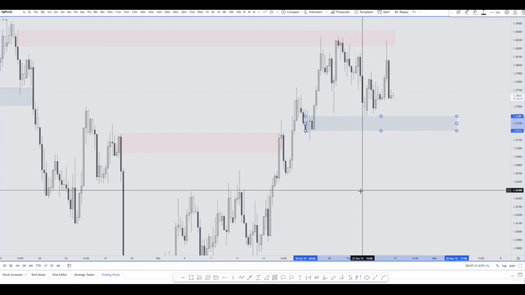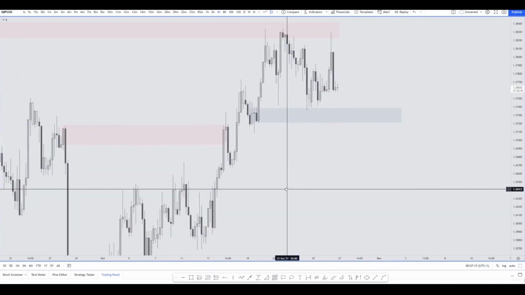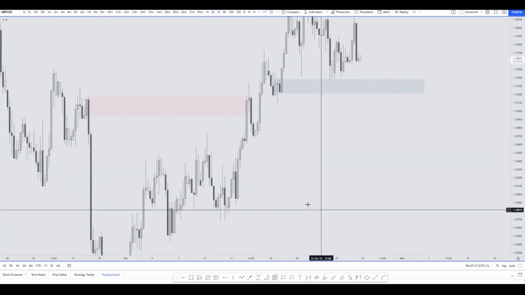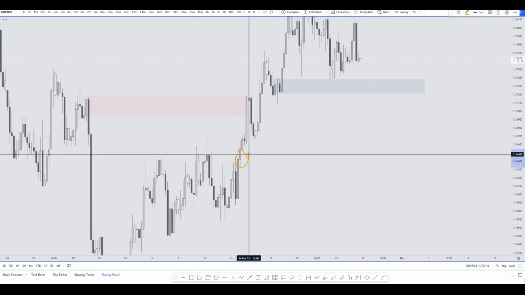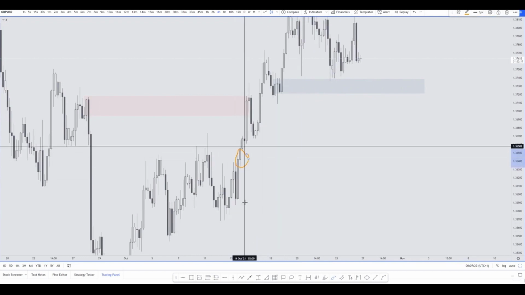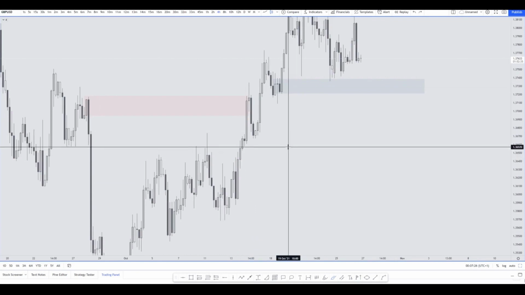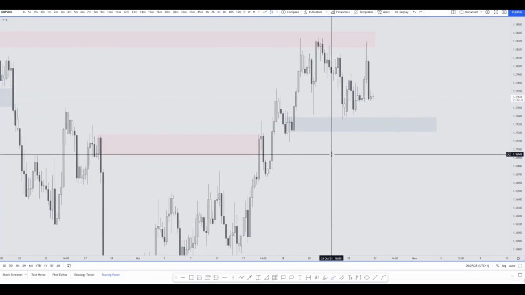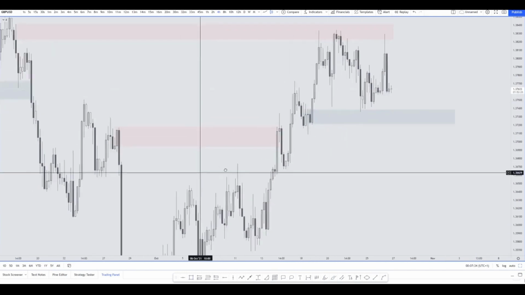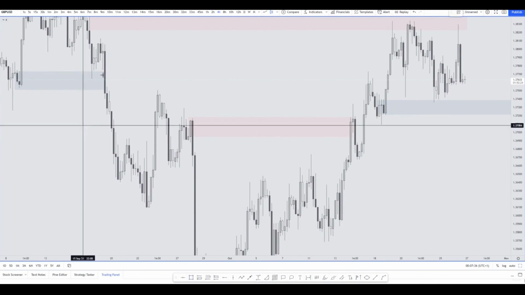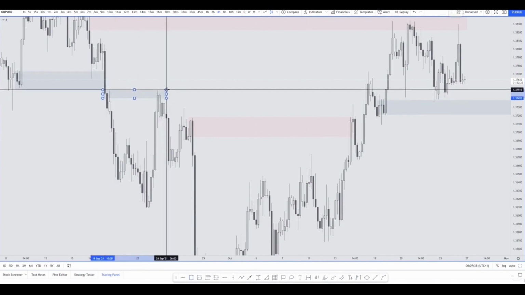Now, the other thing I want to talk about is sell to buy wicks, and what sell to buy wicks are is these little areas in here, and what they actually are is a supply and demand on a smaller time frame. So let's say we pull a, let's find one here. Here's a prime example. So we have sell to buy wicks here.